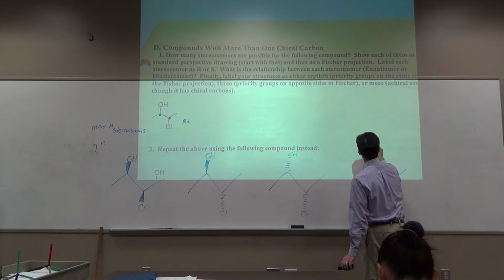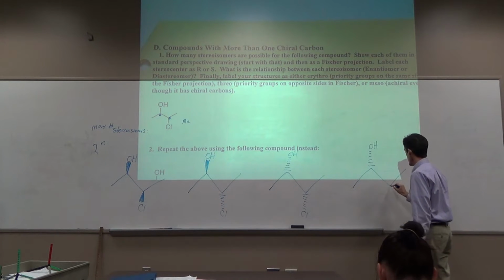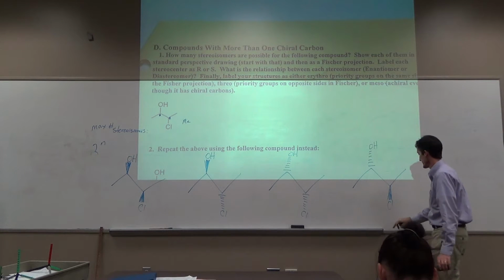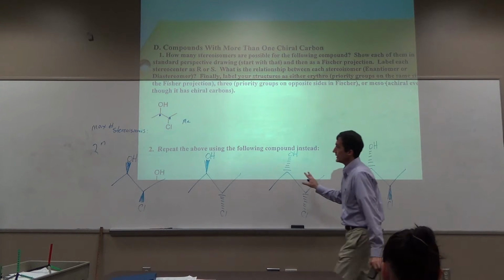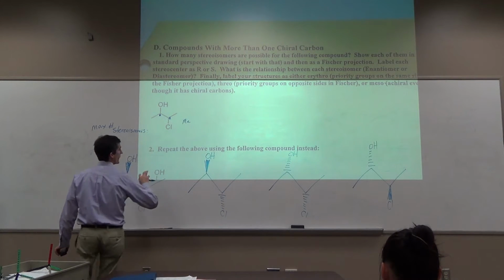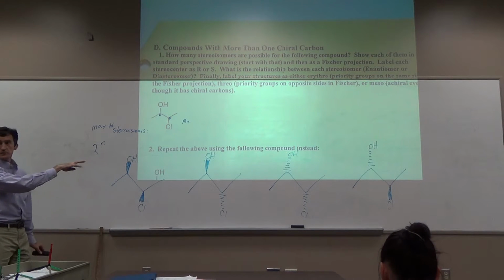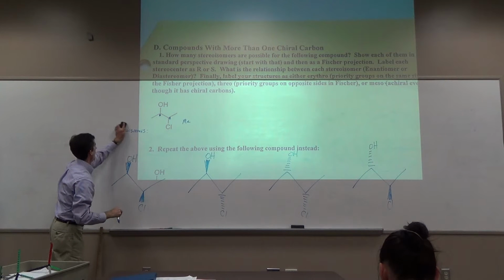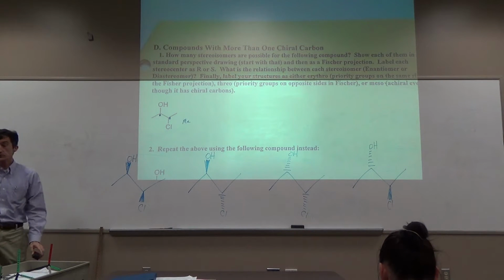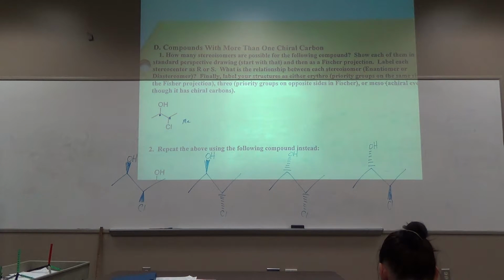Dashed here and what? Bolded here? I'm thinking we can still see with this projection up here like this. Well, there's 4. Are those 4 different? Are they really all different?